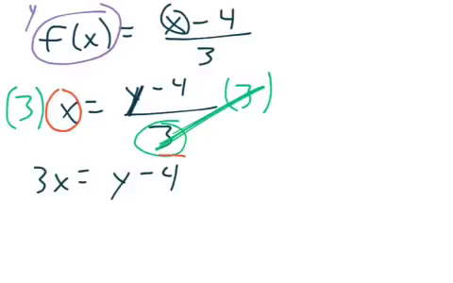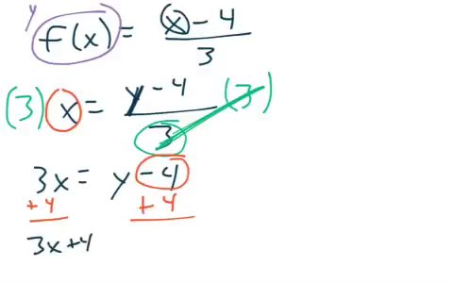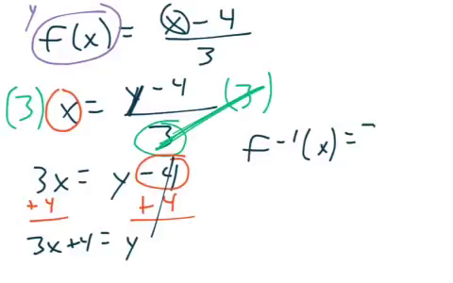Okay, close to getting y here. How do I get rid of this minus 4 right here? How about if we do a plus 4 on both sides? And let's see what we get now. Don't we get 3x plus 4 equal to, and 4 minus 4 is 0, all I have is y. So you see, the f inverse of x is simply going to be 3x plus 4.